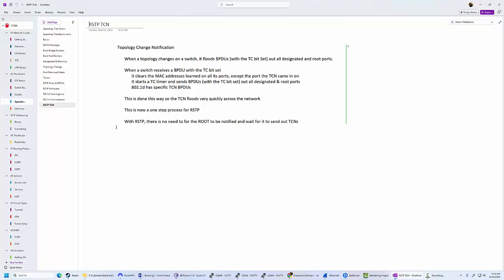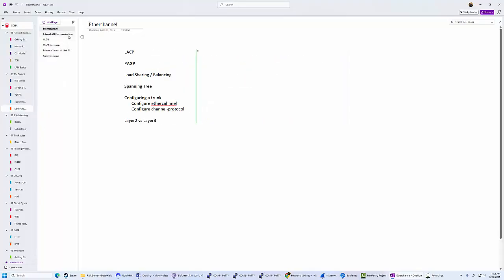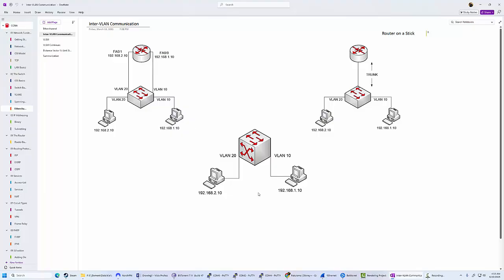So now I don't have to have a per-VLAN instance for every VLAN. I can have just two instances running spanning tree and put my VLANs in each one of those instances. So I'm never going to have more than two spanning tree protocols running, and that's pretty much it. But what we're going to cover next is inter-VLAN communication.